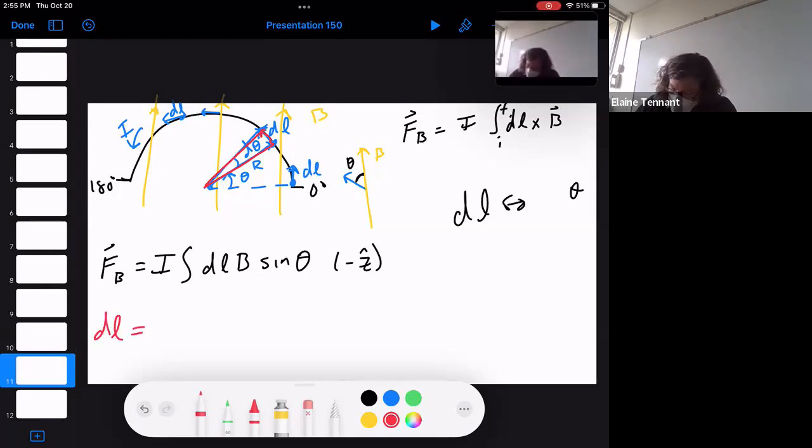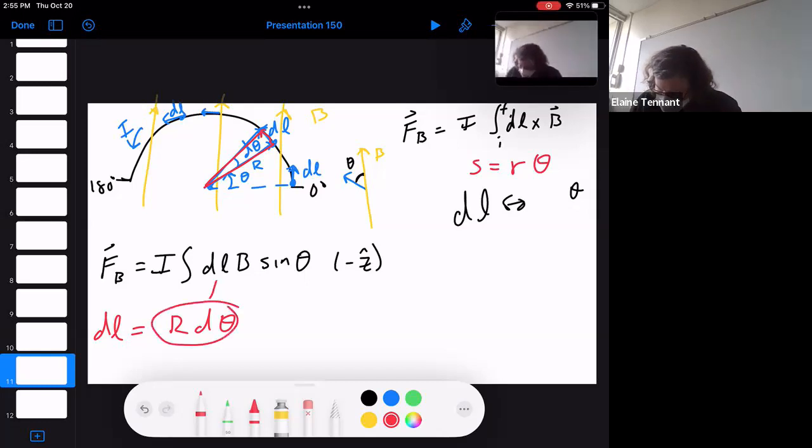And dl will be the radius times that small slice of angle, because that is the arc length formula. Is everyone kind of happy with that? You've probably seen it as S equals R theta. Okay, so we'll take that and plug that in right there.